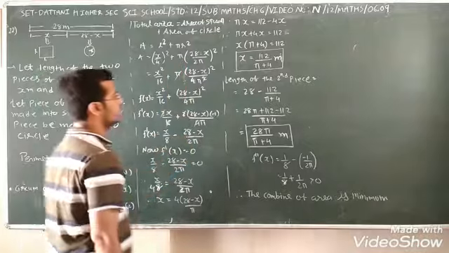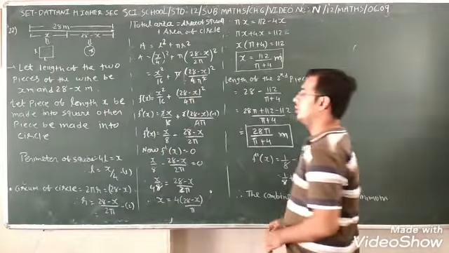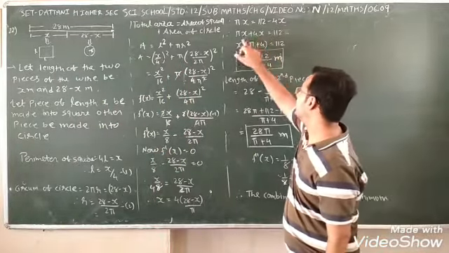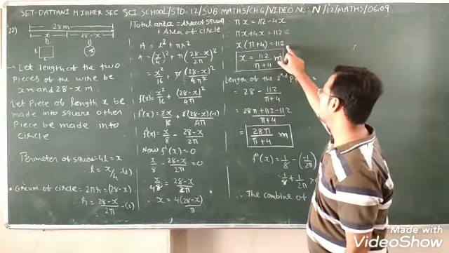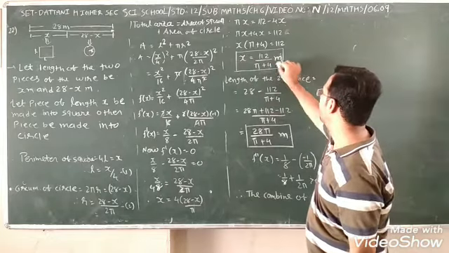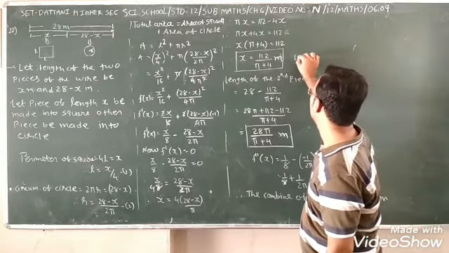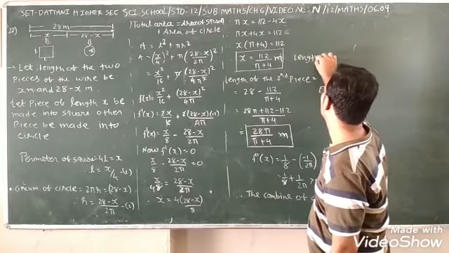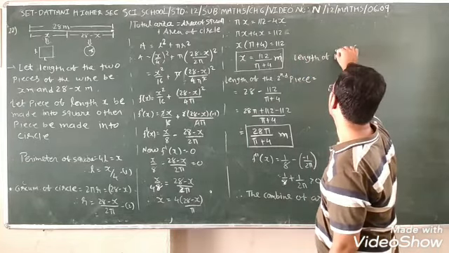So you get pi x is equal to 112 minus 4x. So 4x changes side, x common, (pi plus 4) x is equal to 112. So x is equal to 112 by (pi plus 4) meters. That is the length of the first piece.